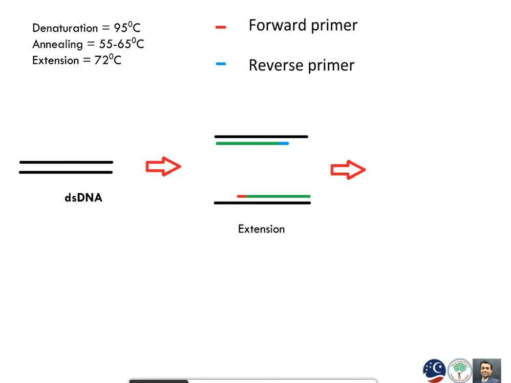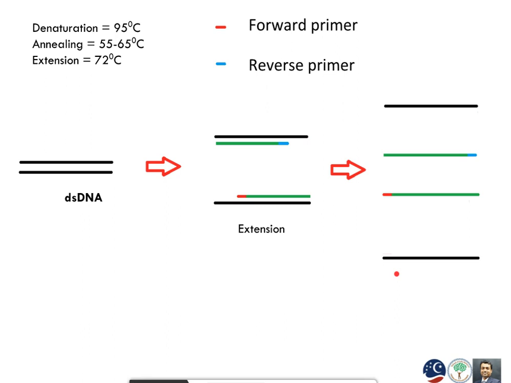The product of the first step becomes the substrate of the subsequent steps. So here again the denaturation will occur. So that means we have four different strands. 1, 2, 3, 4. Four different strands are again denatured.